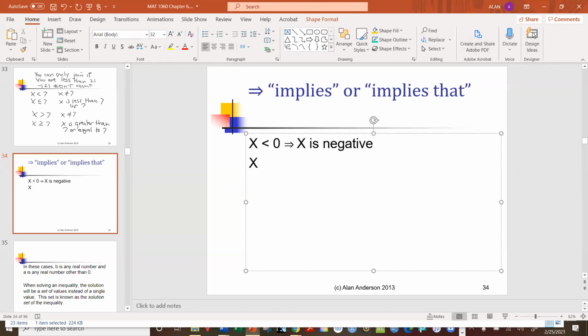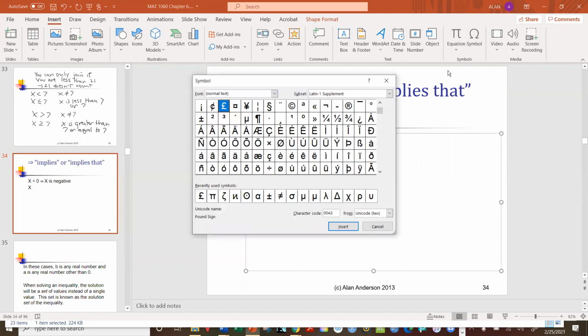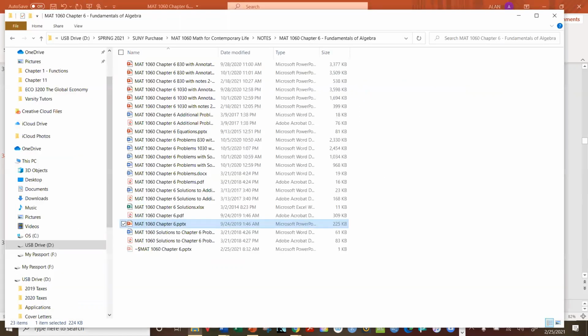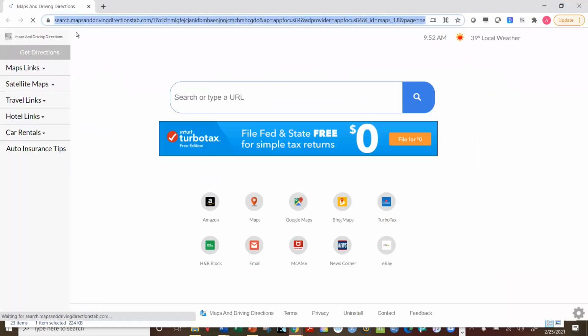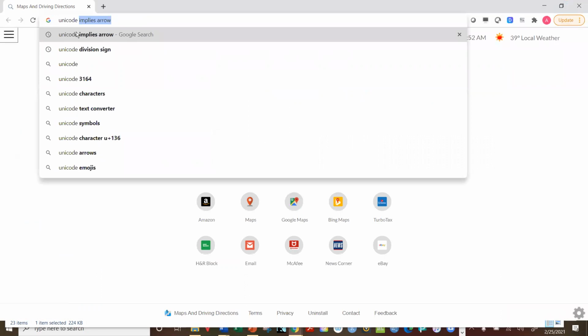There's a symbol for this too. I don't think I have it right here. All right, well, that's not a problem. We'll go to the internet. The problem with these symbol boxes is that it can take forever to find them. Luckily, they all have a code attached to them that I can use to find them.